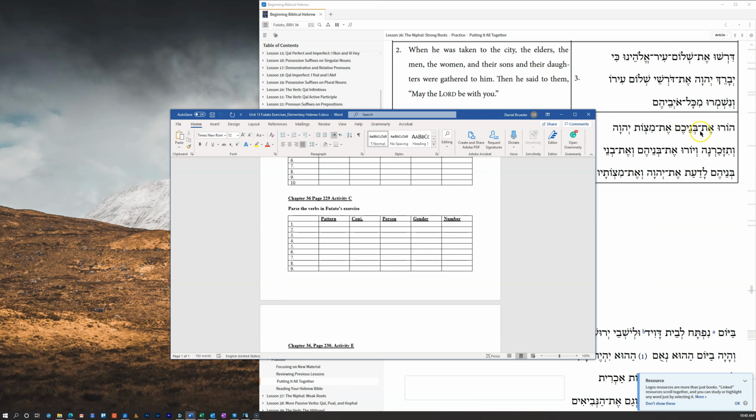Okay, already I'm starting to think this sounds more like an imperative because this is second person. So this is probably the imperative. Now, I still have to check and see if the Niphal perfect 3CP and the Niphal imperative 2MP are identical. I think they are. But now with this having a second person suffix, your sons, that makes me think this is teach your sons. Teach them what?